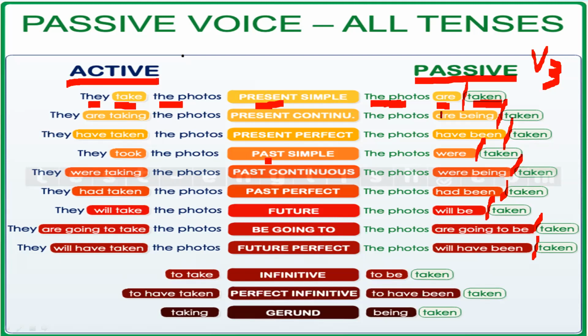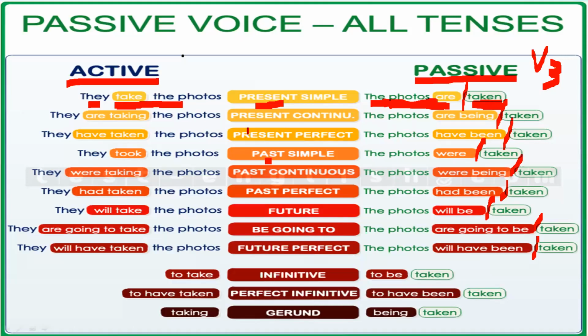This is the present form of verb to be, and the present form means the simple present. So here, this is the tense of the original sentence, present simple. And the main verb always V3.